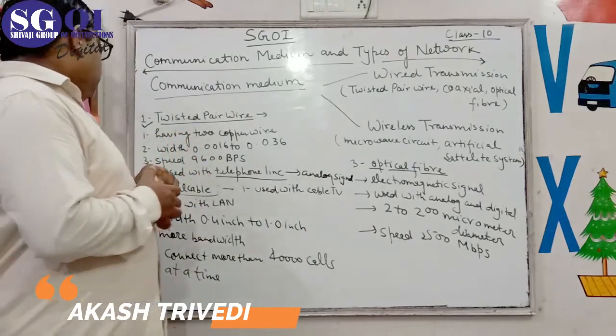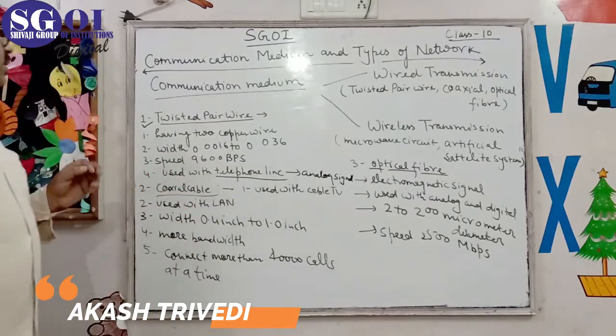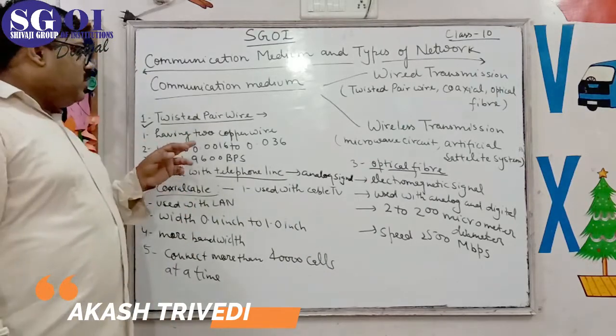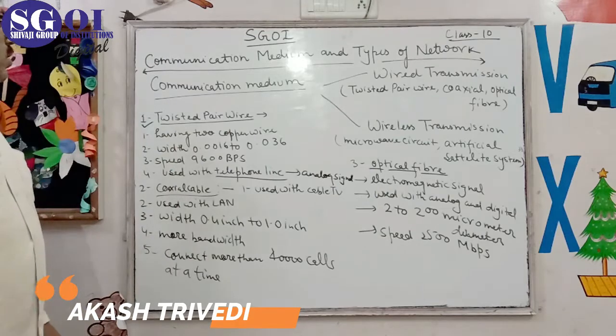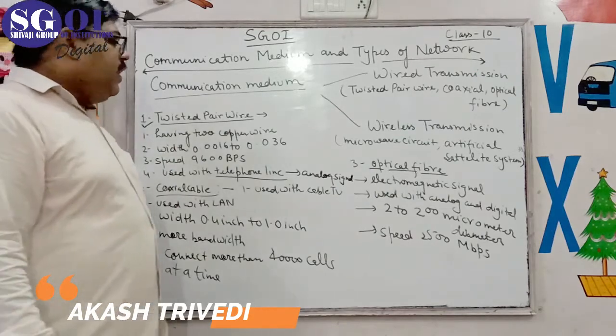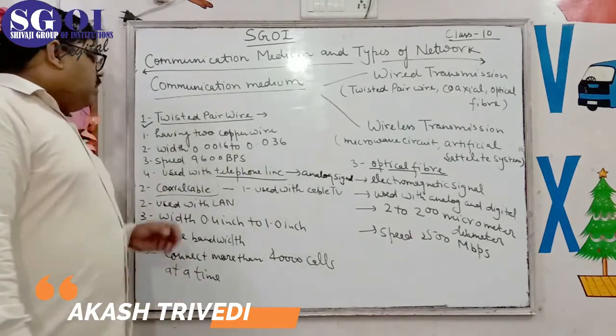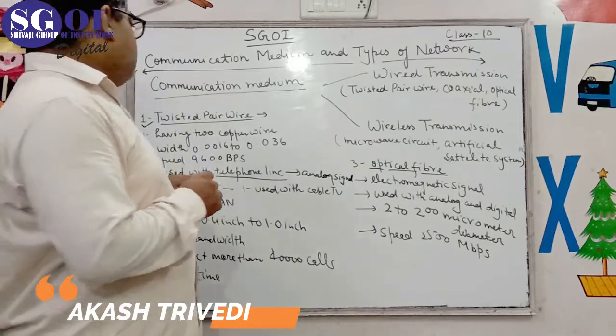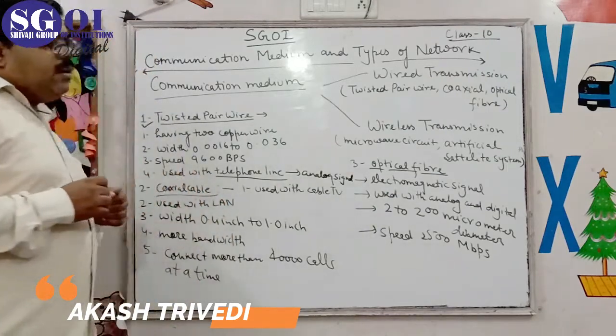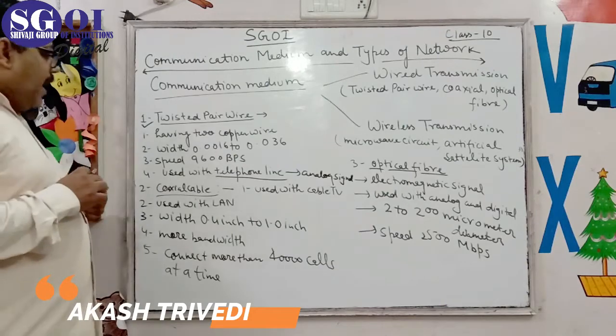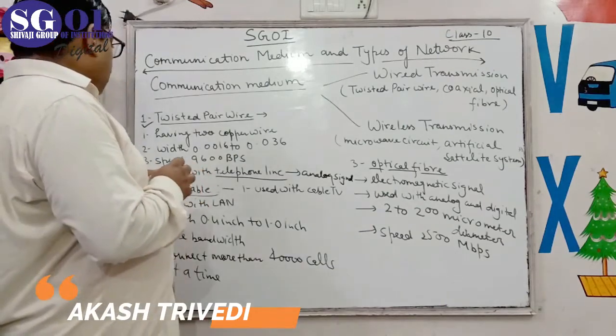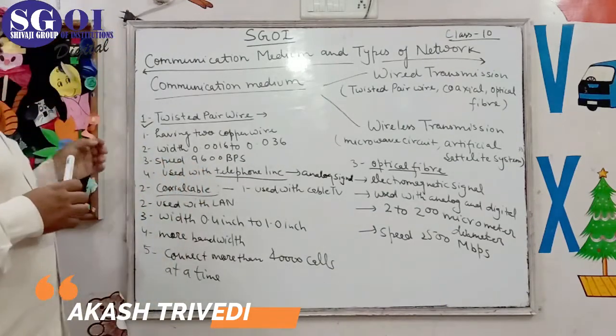The width of the copper wire is 0.0016 to 0.036, and the speed is 9600 bps. Because the wires are in a pair, white noise and attenuation are not a problem in this wire.